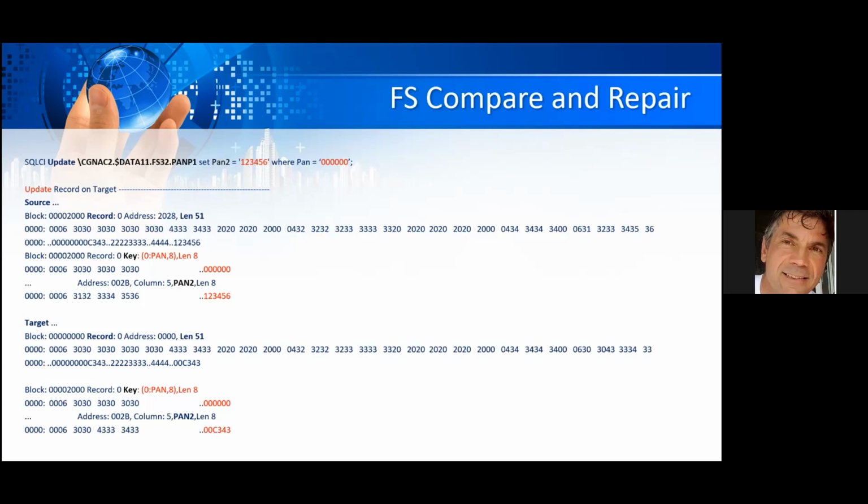For a data discrepancy, FS Compare lists the source and target rows, the key, and the column data and metadata. With this example, FS Compare lists the source and target rows, length is 51, the key, which is column 0, named PAN, and length is 8, and column 5, named PAN2, and length is 8.